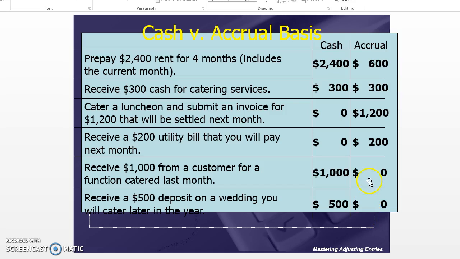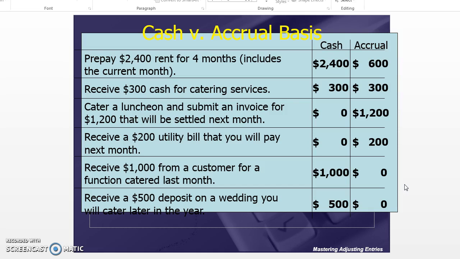The example above, we had already performed the revenue, so revenue was picked up in an earlier period. For this example down here, the revenue was not yet earned, so we will pick it up in a later period. These are some scenarios that highlight timing differences between the cash basis and the accrual basis of accounting.